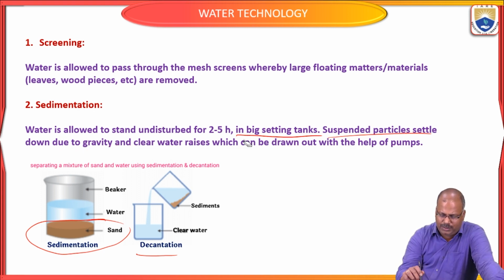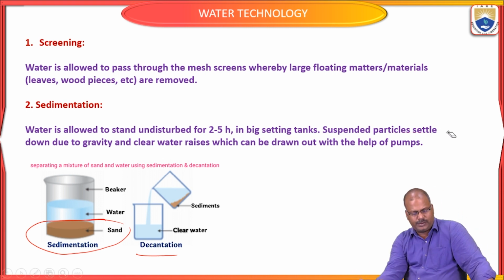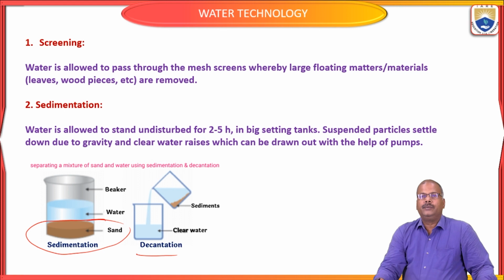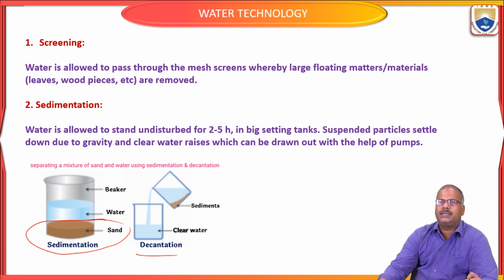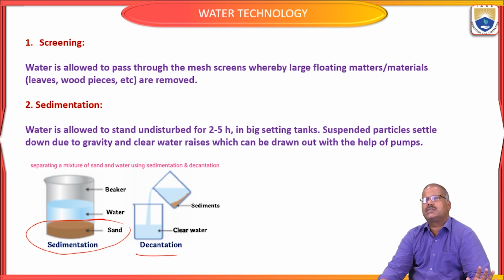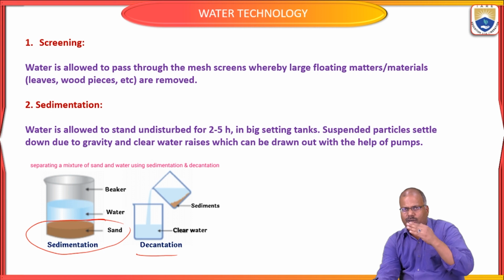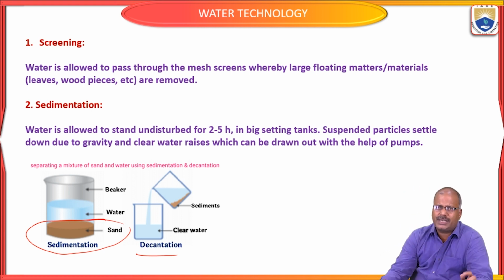Any suspended particles can be separated by gravity through the sedimentation process. Then the clear water which stays above the sediments can be separated out without disturbing the precipitated or sedimented particles.